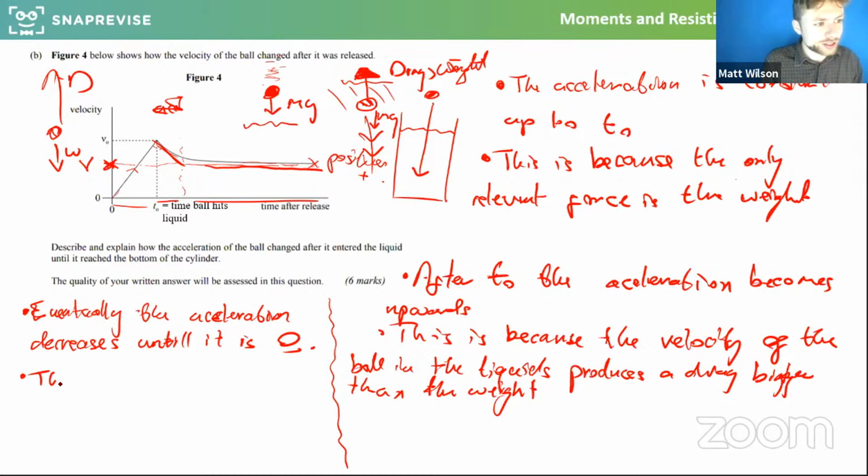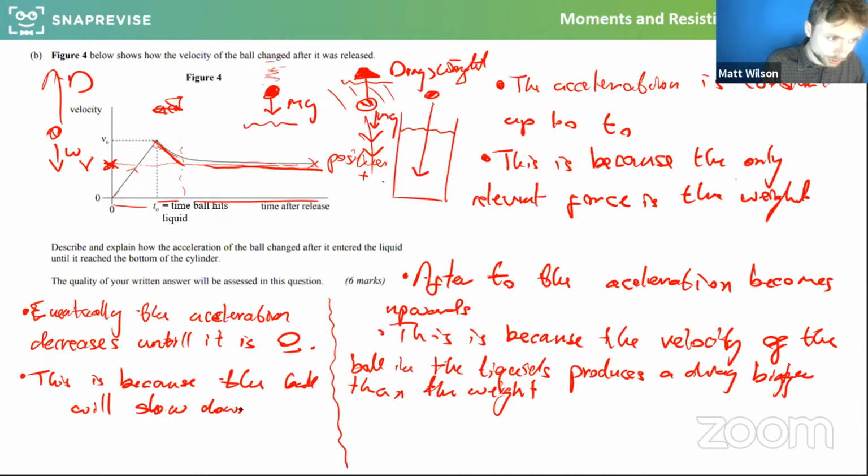So this is because the ball will slow down until drag equals weight.